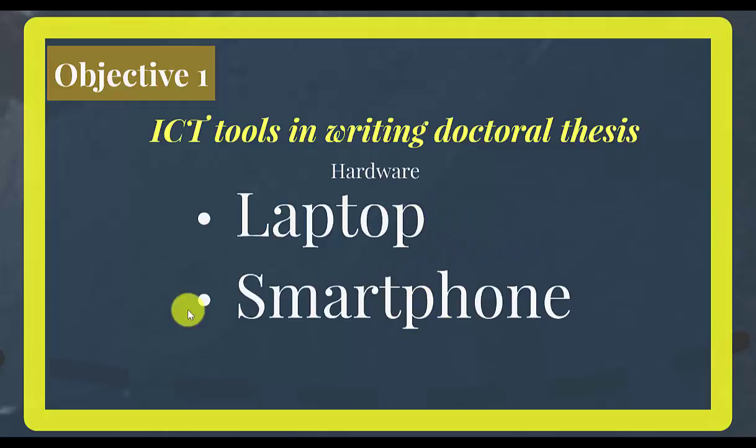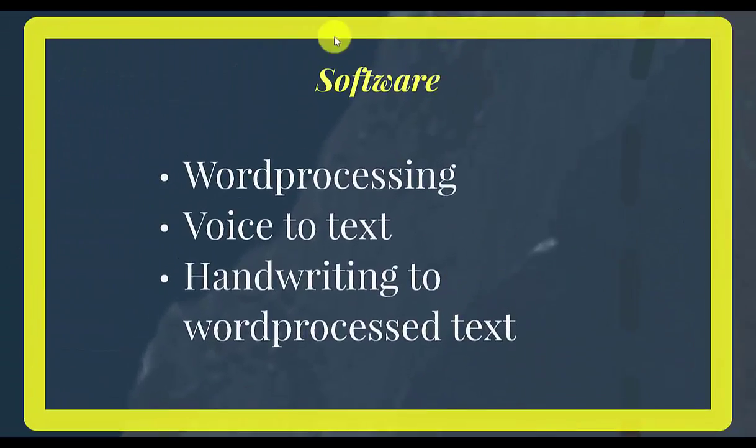We'll look at a laptop, because when you were writing your end of course project, which is like your thesis at the end of the day, but something a lot more expansive, you used your laptop, and of course you can use your smartphone. And for software, you use word processing software, and you can also use voice to text and handwriting to text.